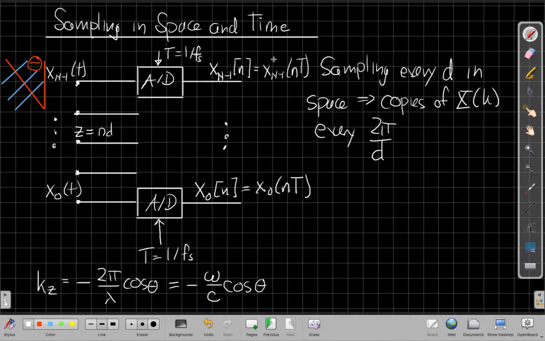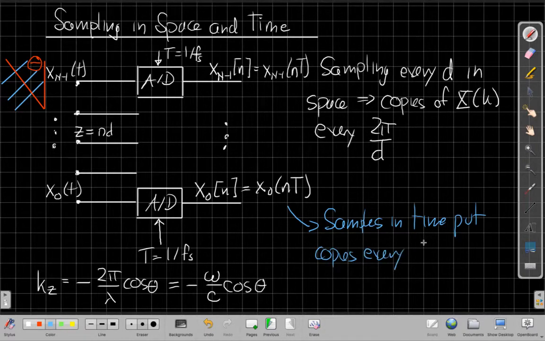And so sampling every d in space puts copies in k. On the other hand, we know from our DSP class, sampling in time puts copies every 2 pi over T in omega.